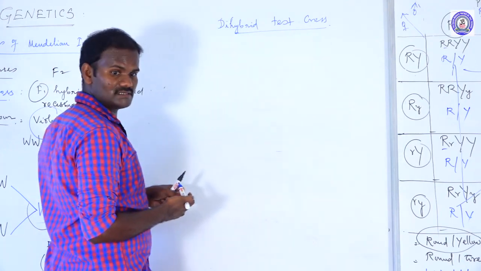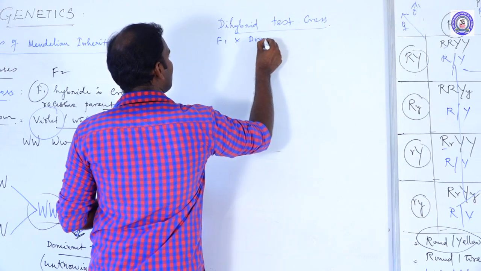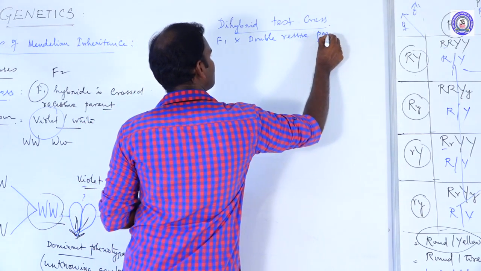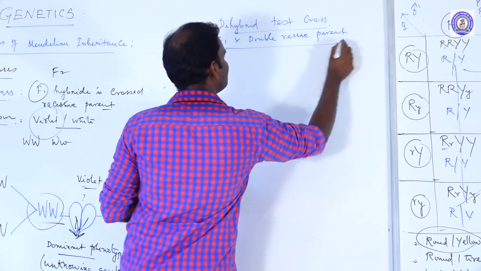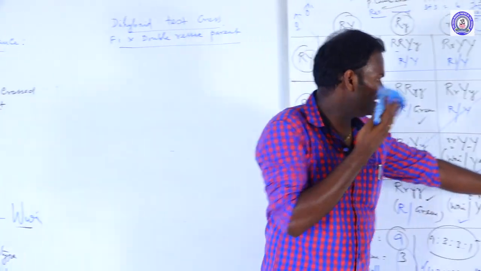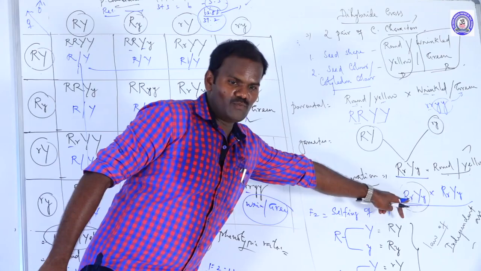Then dihybrid test cross. F1 crossed with the double recessive parent. We know what F1 is. Capital R, small r, capital Y, small y.